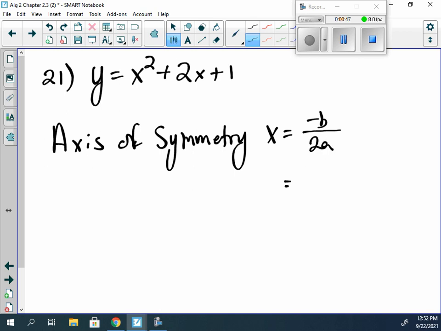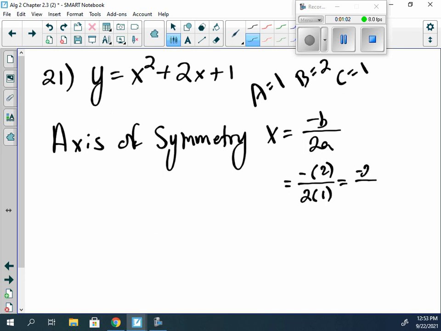Here, a is 1, b is 2, and c is 1, so we have negative 2 over 2 times 1. Simplifying, negative 2 over 2 is negative 1. So the axis of symmetry would really just be x equals negative 1.